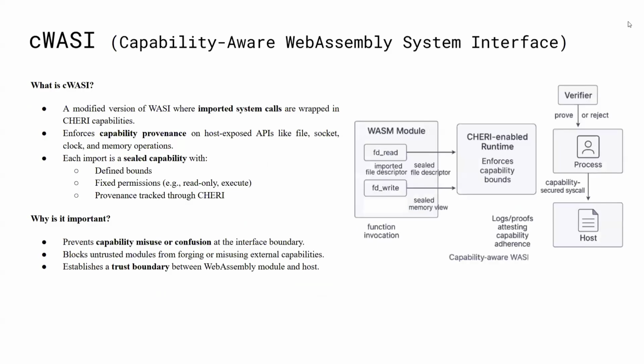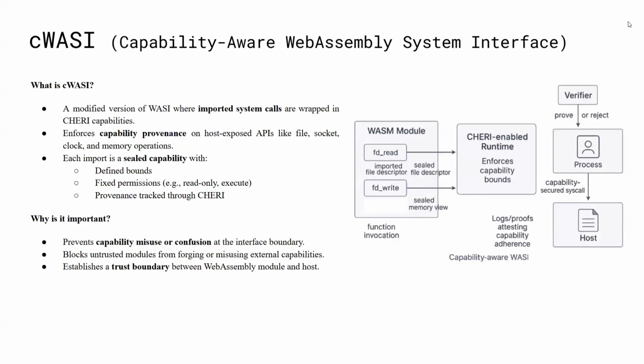The main part here is, while we were talking about the file access, network access, those kinds of things, you have this component called WASI, that is the system interface, how WebAssembly communicates to the external part of the world or the host environment. Now we even modified this particular WASI into a capability-based system interface. So now every call, everything is based on a capability provenance.